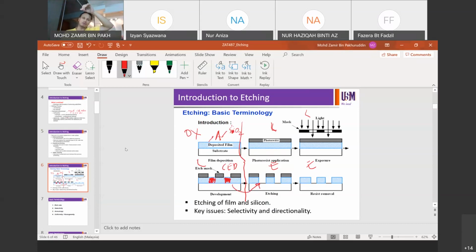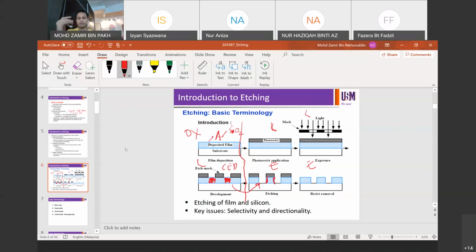If you go for isotropic etching, for example, it will eat all the oxide in all directions with equal etch rate. So you will probably end up with a rounded feature at the bottom, because it will etch sideways a bit too, because the etch rate is similar in all directions. But in this case, we want to use a unidirectional etching.